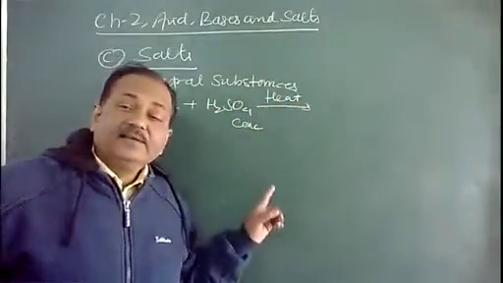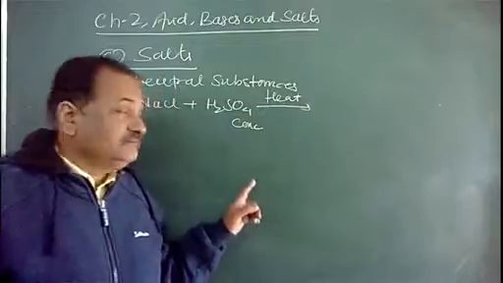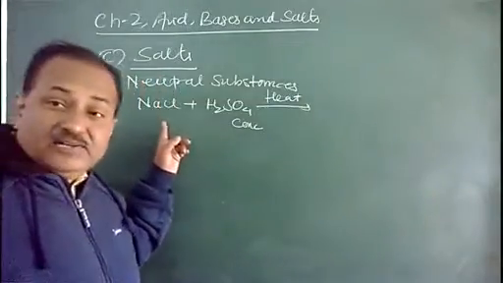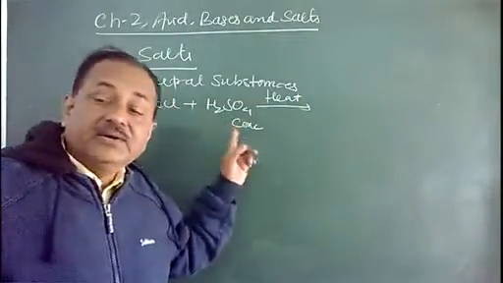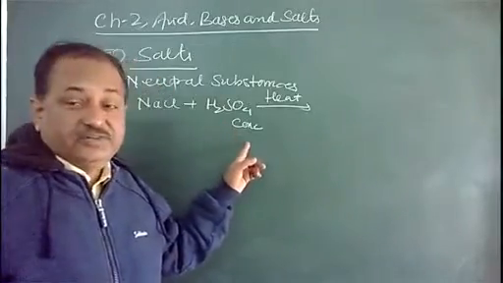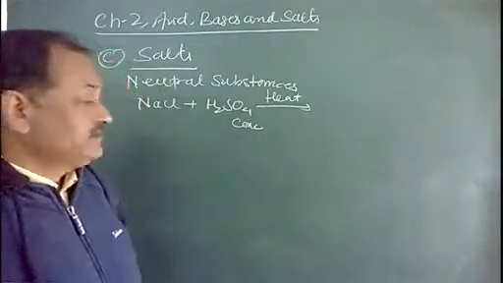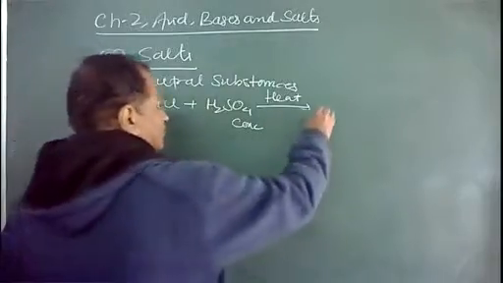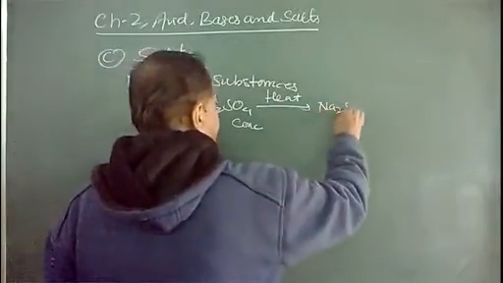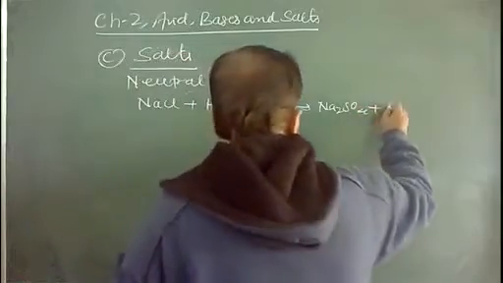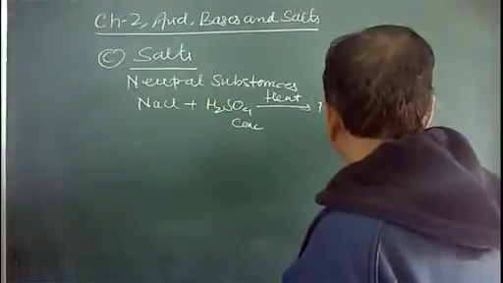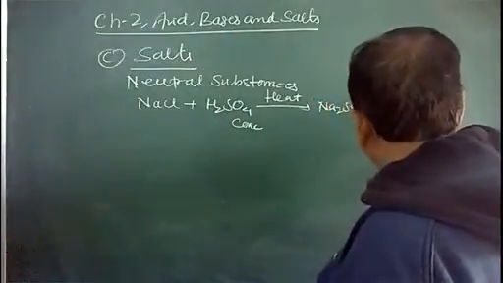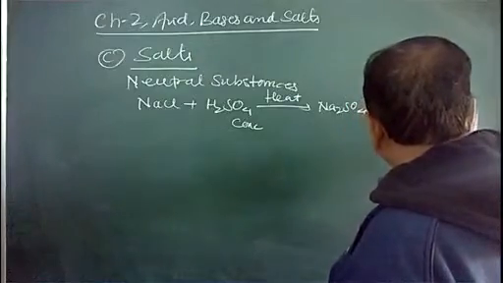Keep in mind that sodium chloride is a salt. It is decomposed by concentrated sulfuric acid only by heating, and there is formation of Na2SO4, H2O, and chlorine gas.